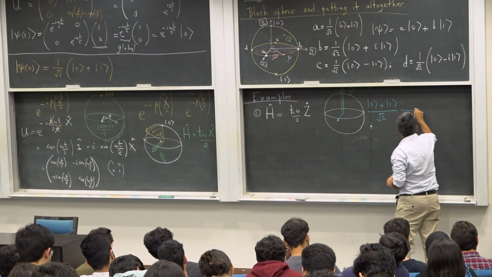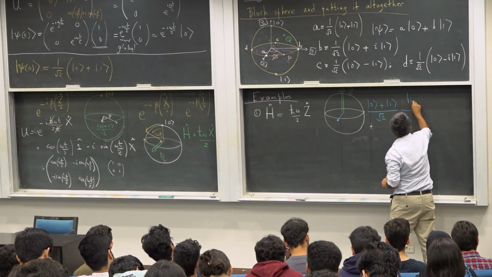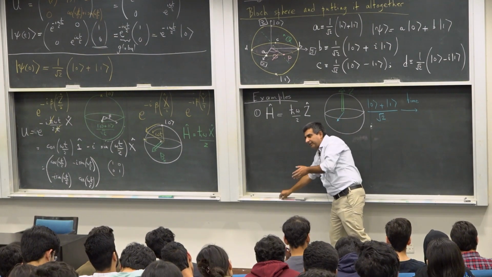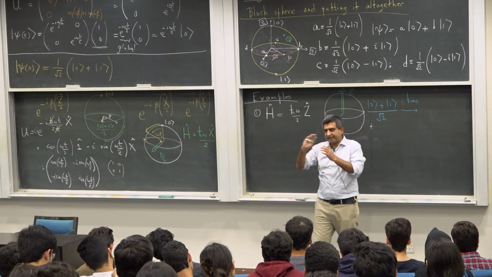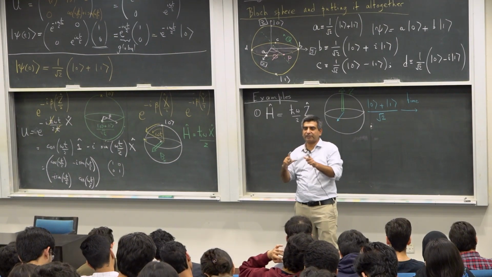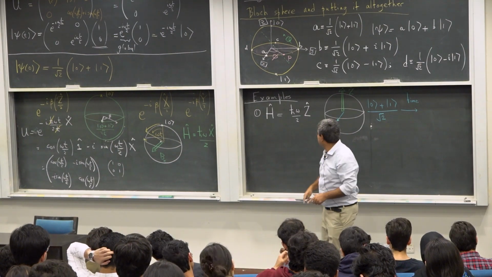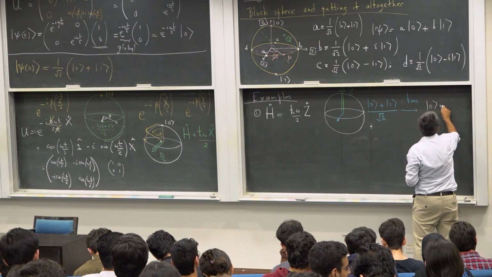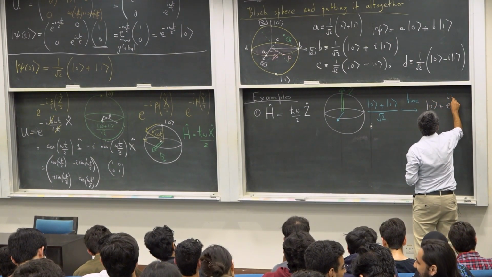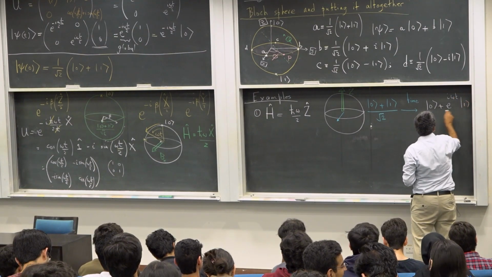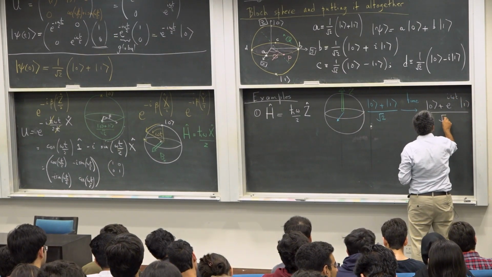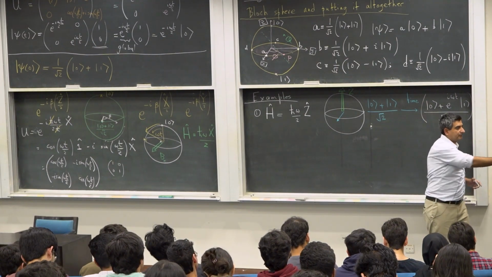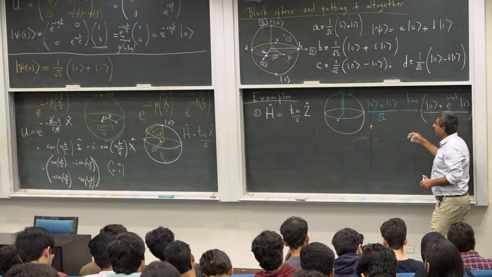And with time, I've already seen through this notion of the Bloch sphere as well as through the explicit expression for the time dependent quantum wave function that this state is going to be ket 0 plus e to the i omega t ket 1 over root 2. This is how my state is going to change with time. So if my omega t is 0, I am here.